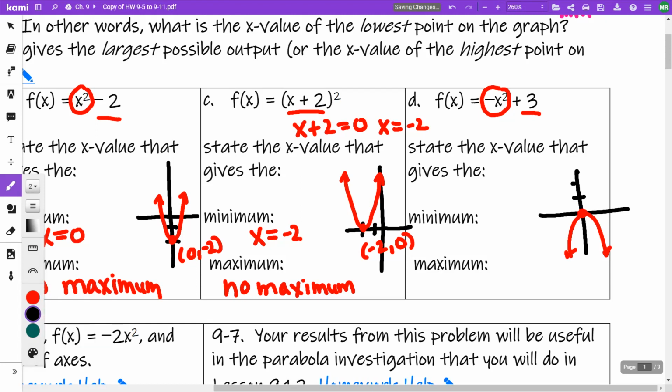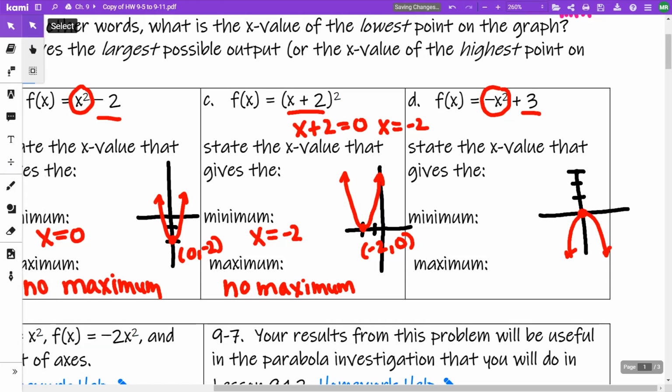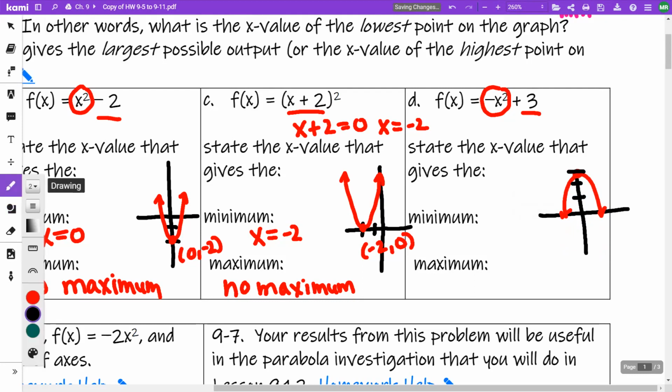But because of that +3, this graph is going to be going up 1, 2, 3. That's where my vertex is going to be. And so this vertex is going to be at 0, 3.